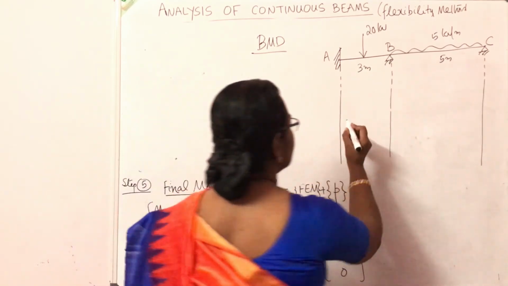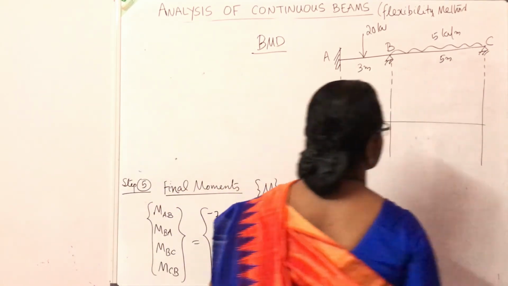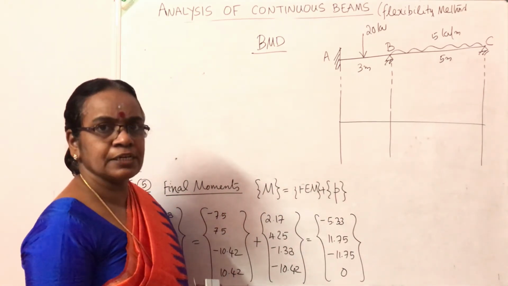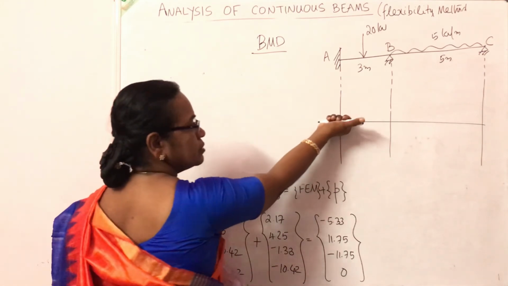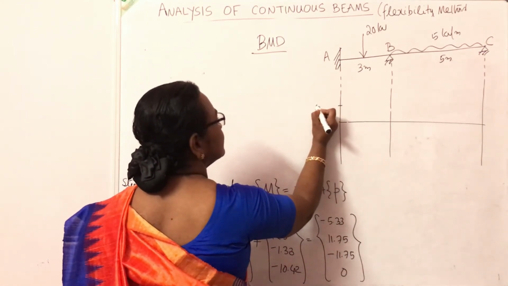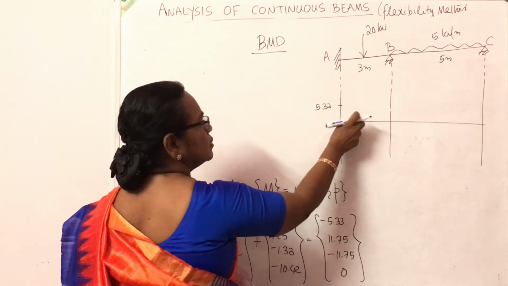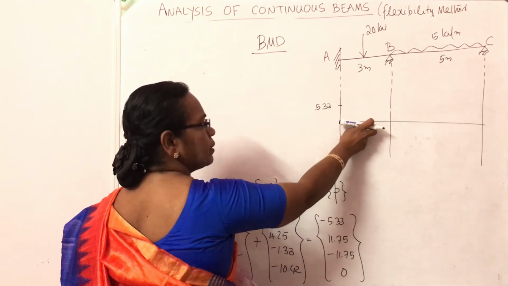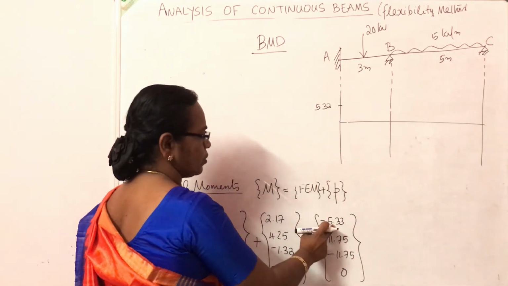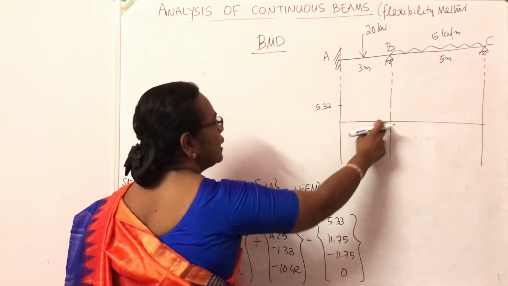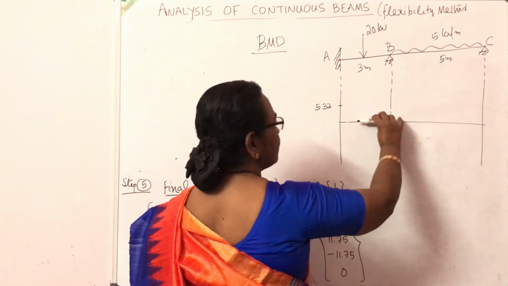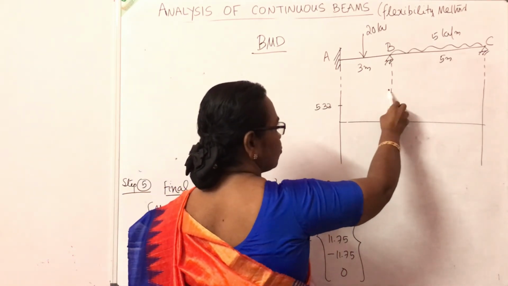Draw a horizontal line. The first end, the moment is minus 5.33, that is anti-clockwise. So you have to go up 5.33, anti-clockwise. This was the original direction, MAB, anti-clockwise. MBA, 11.75, that is clockwise. So B to A, place it like this, clockwise. It has to go up.